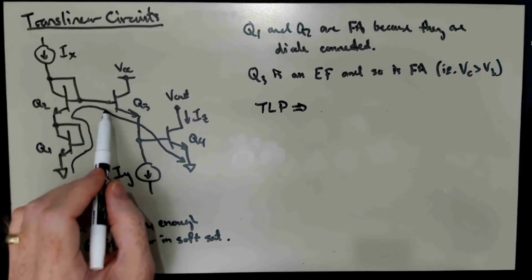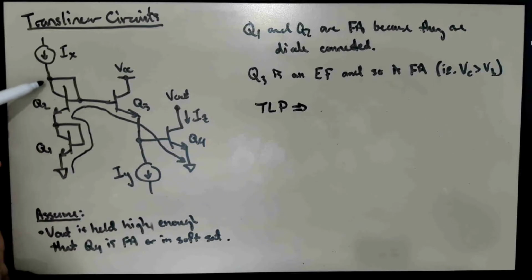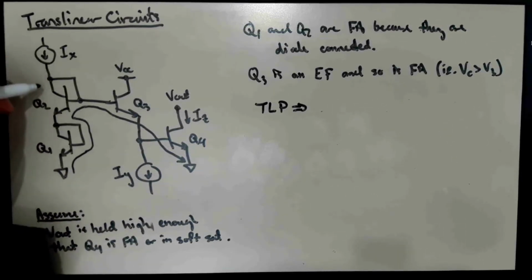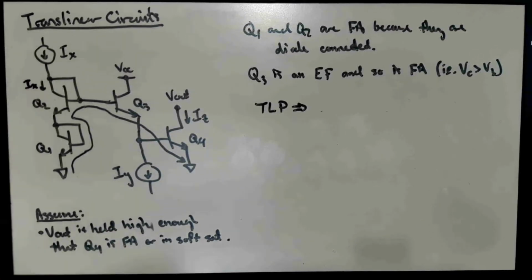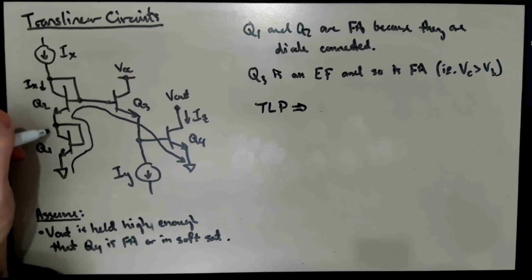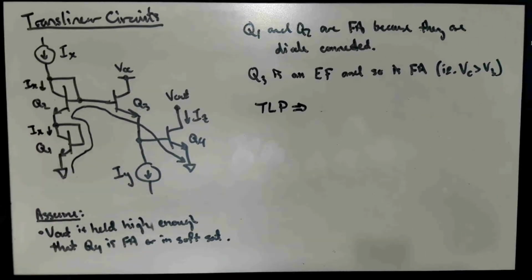By hypothesis, the base current of Q3 is 0, so the only place for this current to go is through Q2. So IX is the collector current of Q2. That current flows out of the emitter of Q2 and flows into Q1, because these are connected in series with each other. So this current should also be IX.